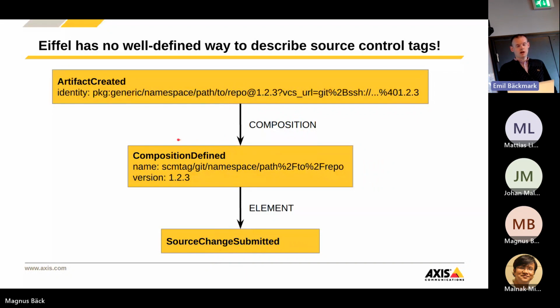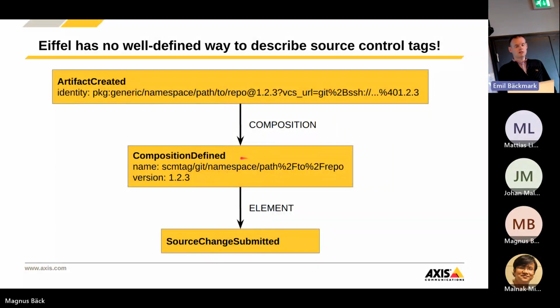We have a convention for our compositions where we have a slash separated string of tokens that carry meaning. So in this case, we have a type token that says that this composition represents an SCM tag. It is for Git.